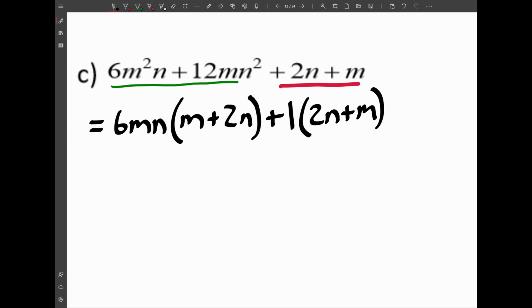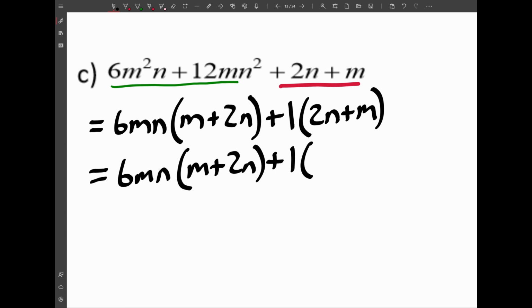Now you might say, oh, but these two aren't the same. Well, aren't they though? 2n plus m and m plus 2n are the same thing. So I can just rewrite this. Now, you don't have to write this one, but don't forget, when you're factoring, you definitely need to account for it.